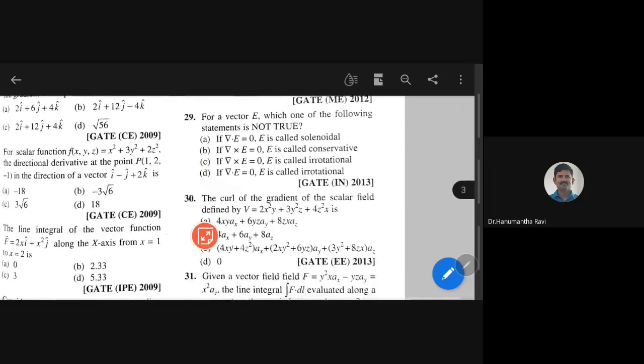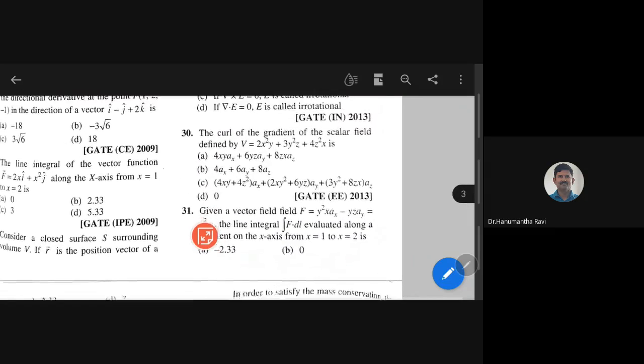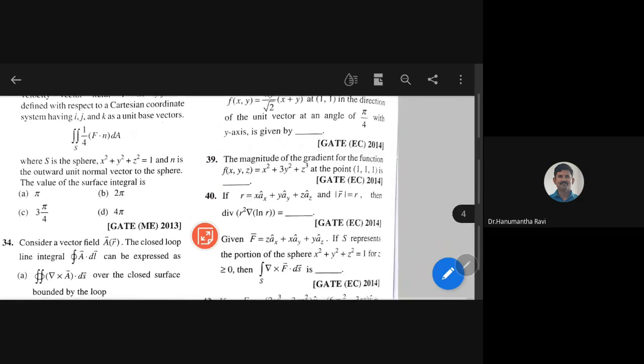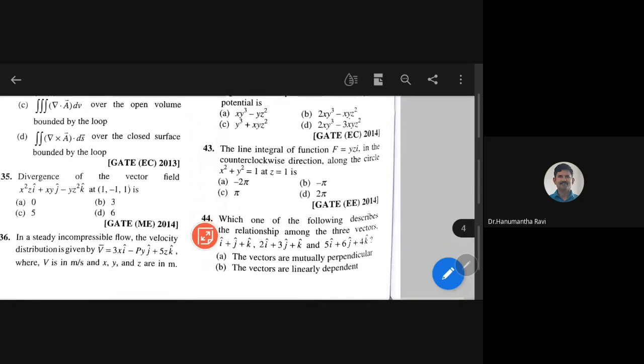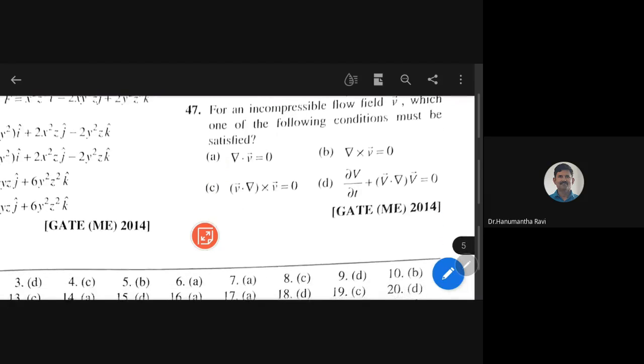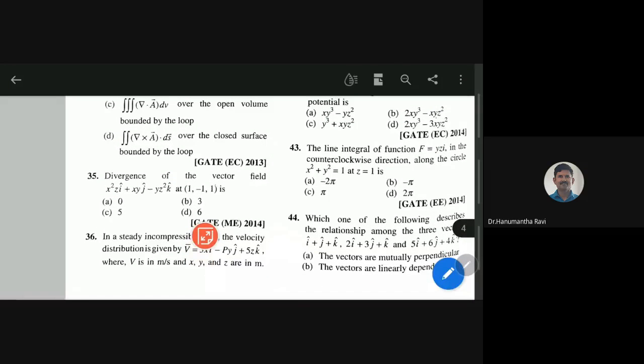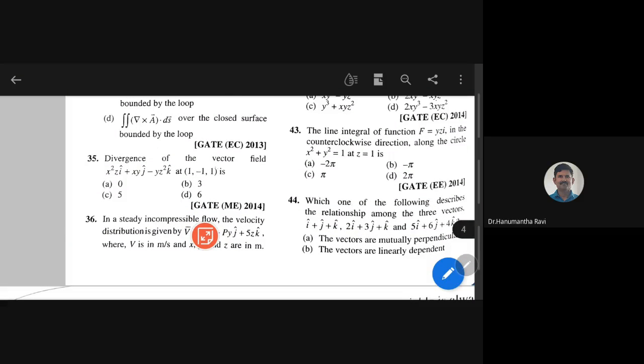I think this collection is not much related to these three theorems. We'll see some sample problem and then we'll close.